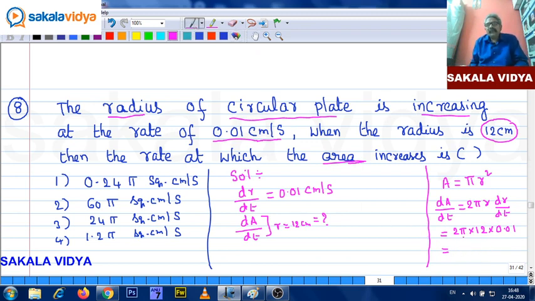First you will be getting 24, 24 into 1, 24, but 2 points, 0.24 pi square centimeter per second. So, that means first option is the right option.